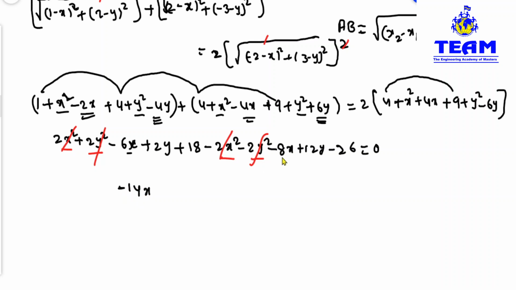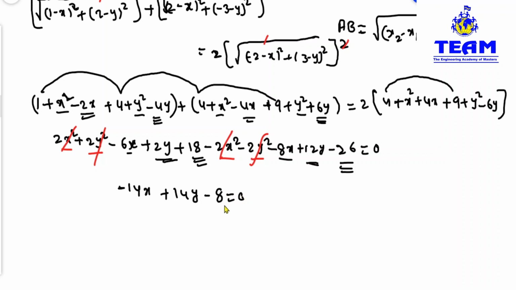Next this one is completed. Next y terms, plus 2y plus 12y, so plus 14y. Next constants, this is minus 18, sorry, plus 18 minus 26, nothing but minus 8. Yes or no? Minus 26 plus 18, okay, minus 8 is equal to 0.